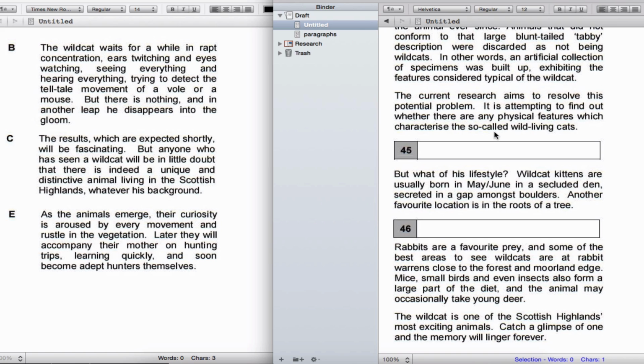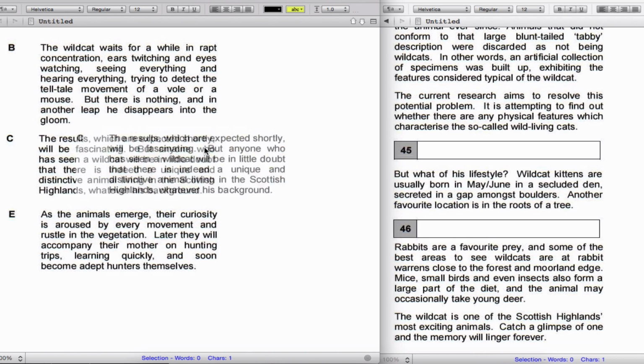Physical features which characterize the so-called wild living cats. Could be C. The results which are expected shortly will be fascinating. Does that go? It does actually. Let's put that in there.